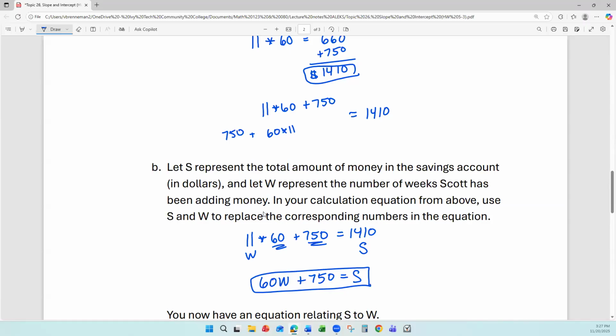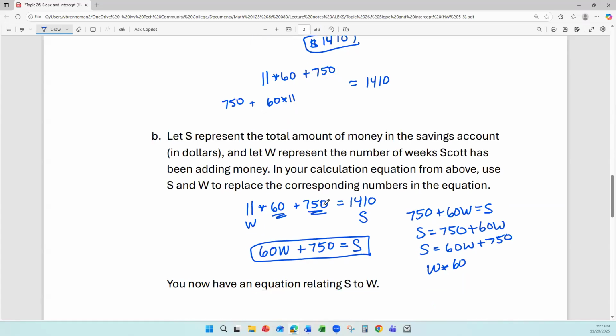Other forms it could take could be 750 plus 60W equals S, or S equals 750 plus 60W, S equals 60W plus 750. And I'm not sure how picky ALEKS is if you do W times 60, if you have a way to enter a multiplication rather than just next to each other, I think that would be okay.